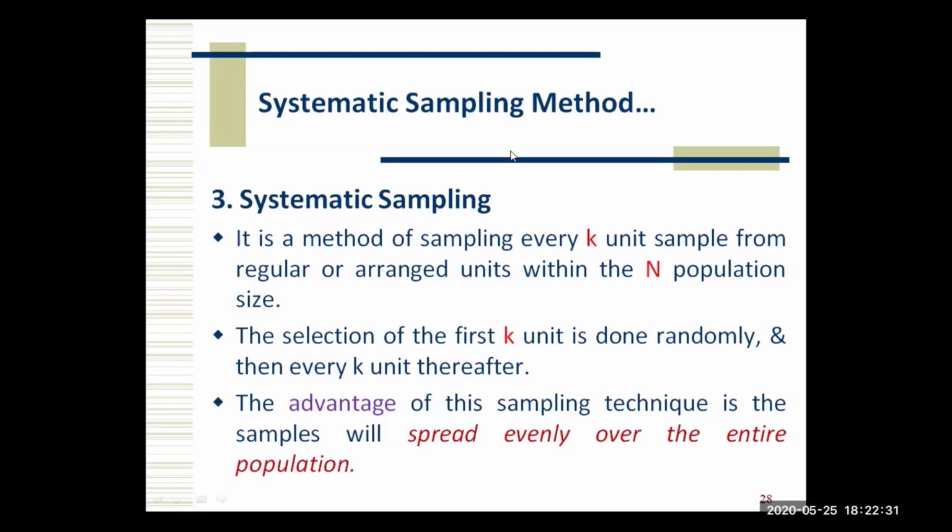That means the advantage of systematic sampling is that the sample is spread evenly over the entire population. That gives you a very good chance to have a sample that represents the whole distribution in different categories.